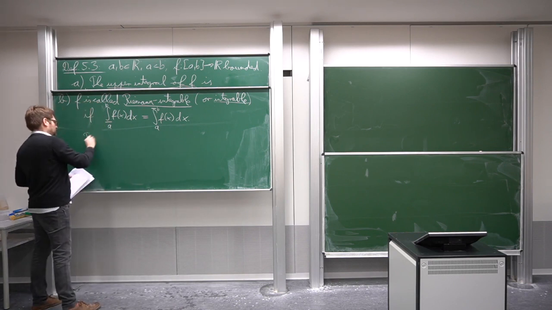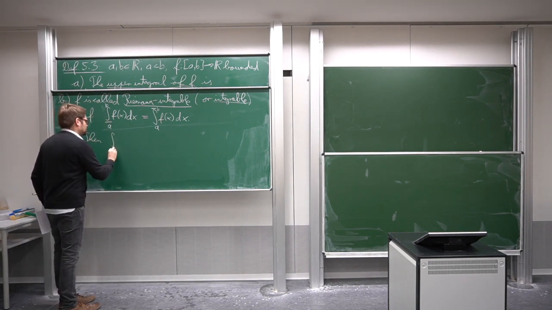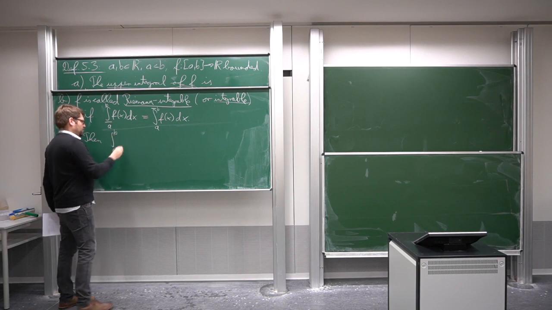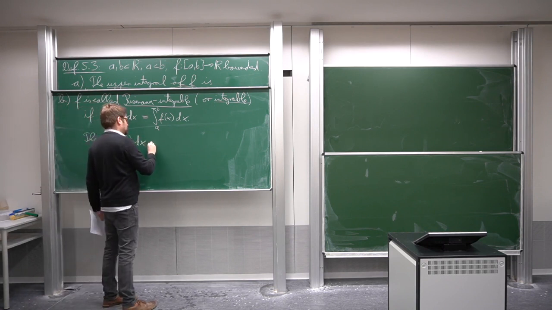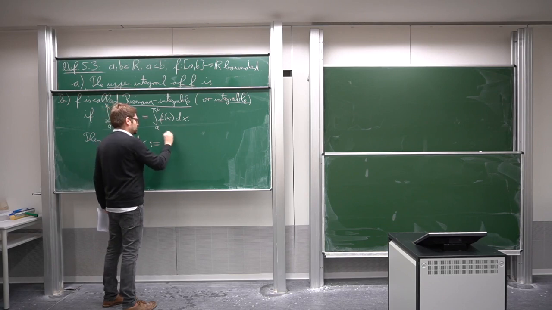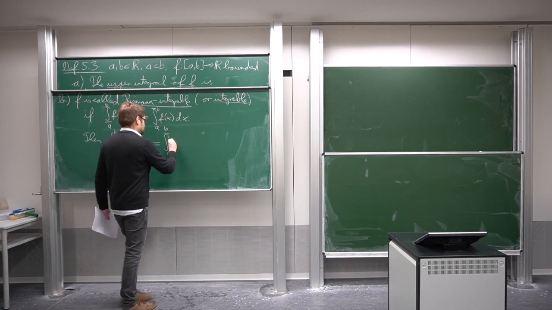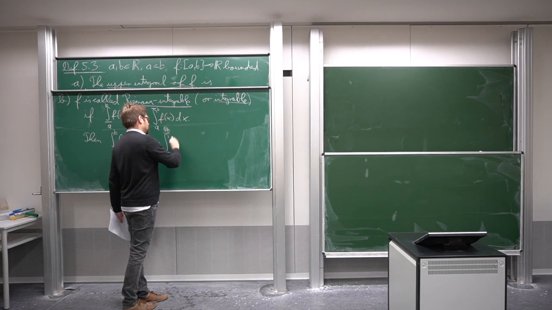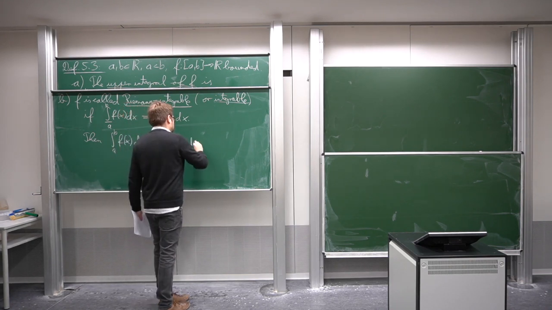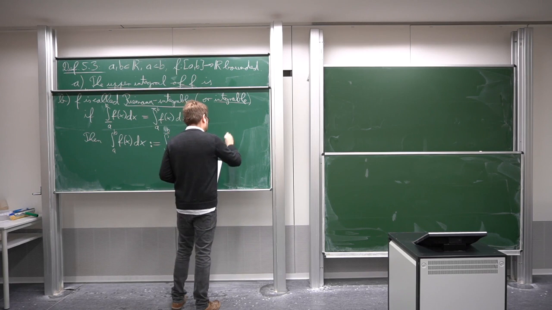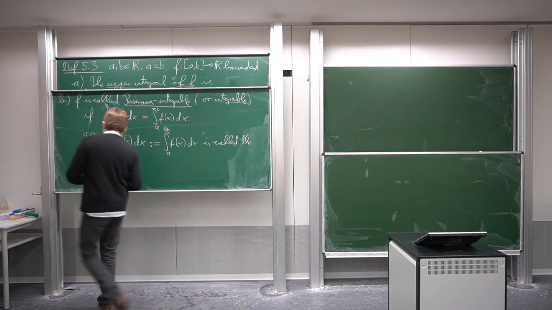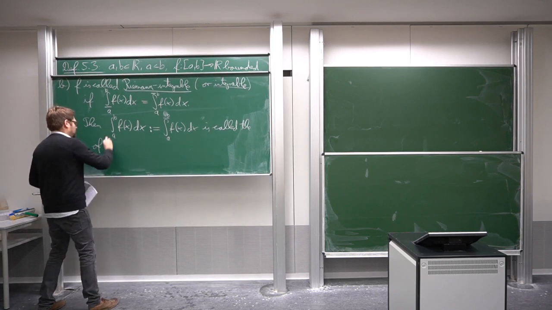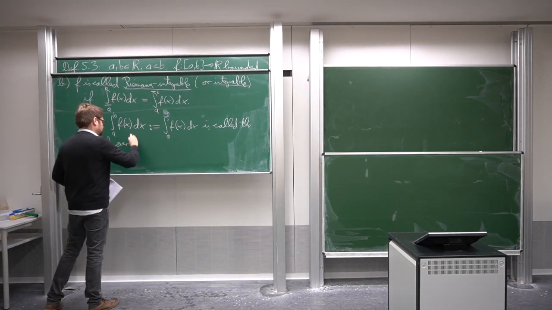Then we just leave out the bars and denote this by the integral from a to b, f of x dx, which is simply defined as the upper integral or the lower integral, which doesn't matter at this point. This is called the integral of f over [a,b].